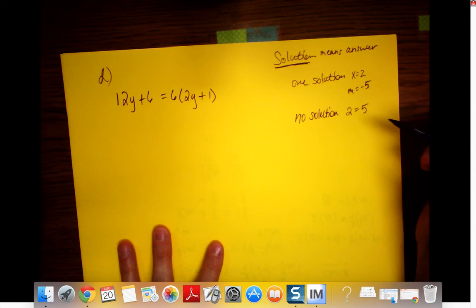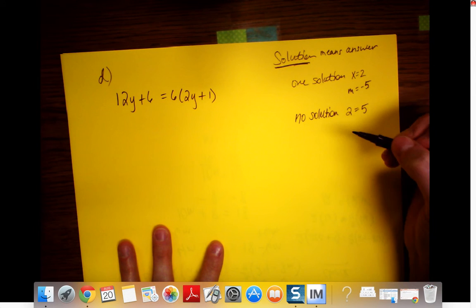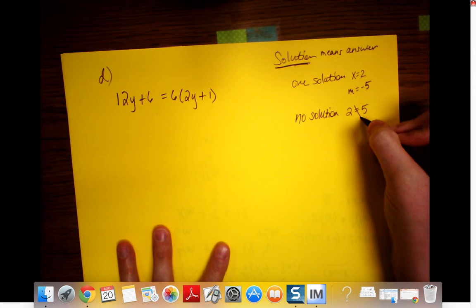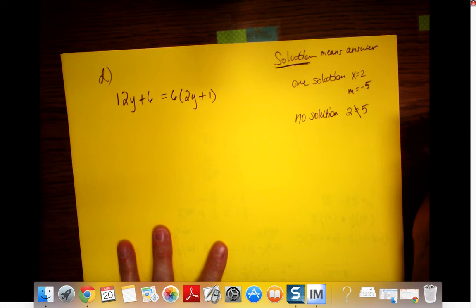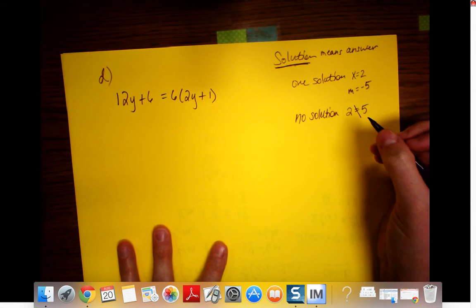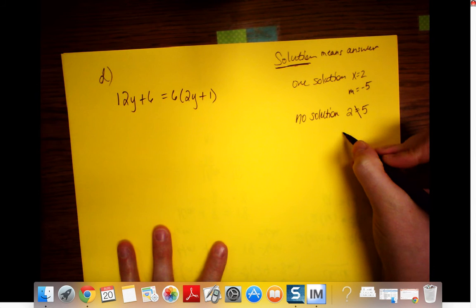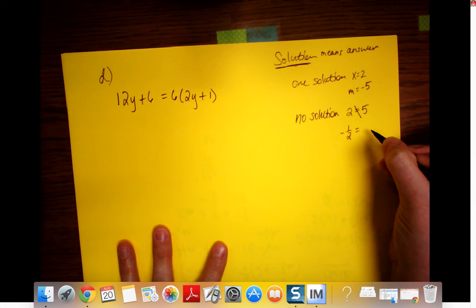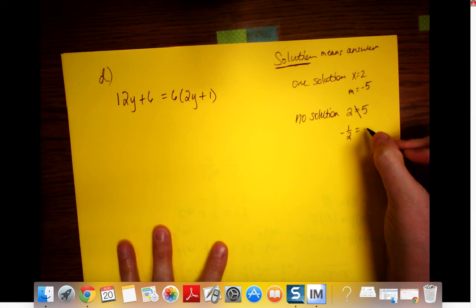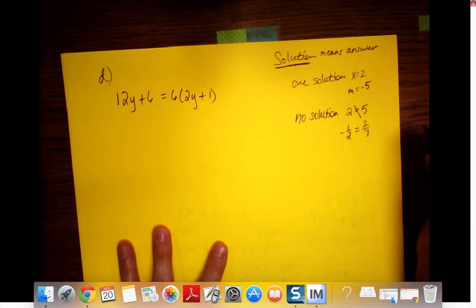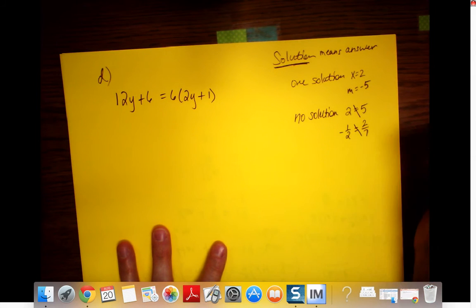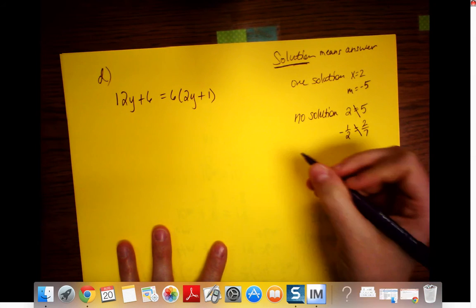Does 2 equal 5? Or will 2 ever equal 5? And the answer is no. So that is no solution. Another example, let's say negative 1/2 equals 2/7. Are those two fractions equal? No. So therefore there's no solution.